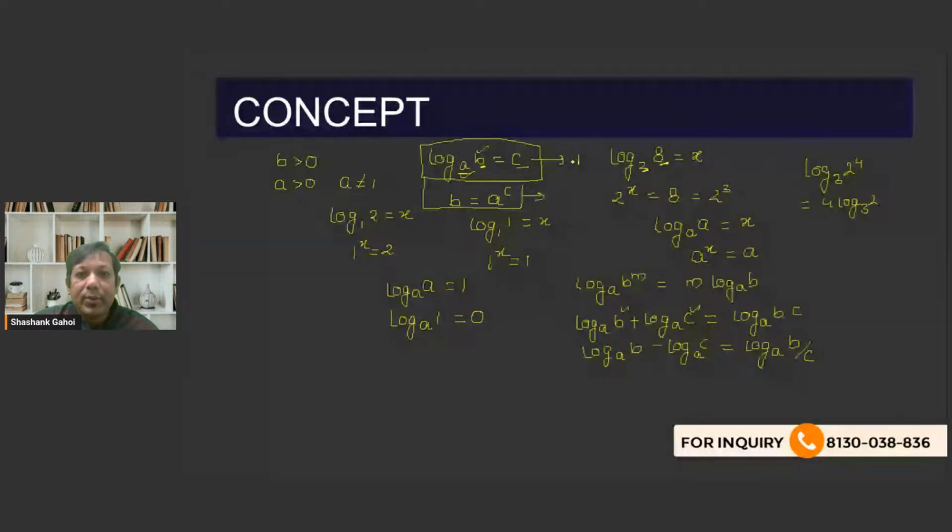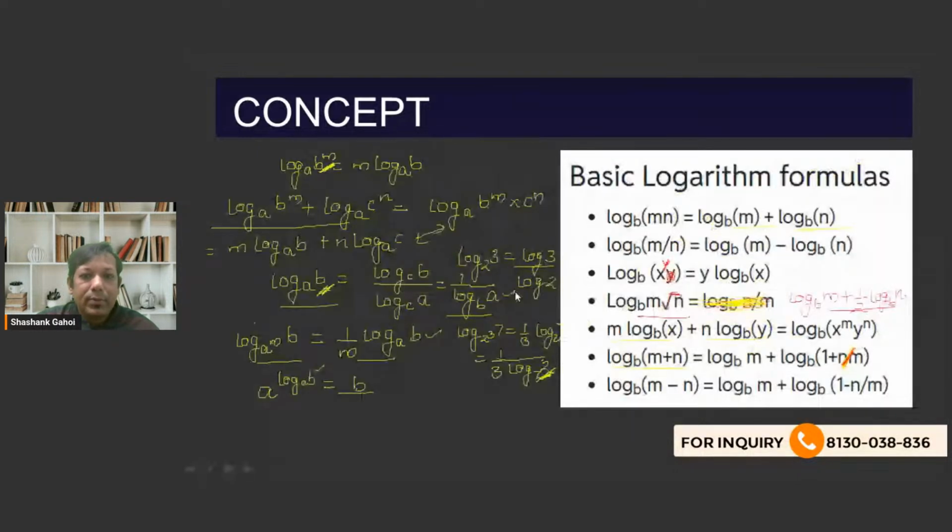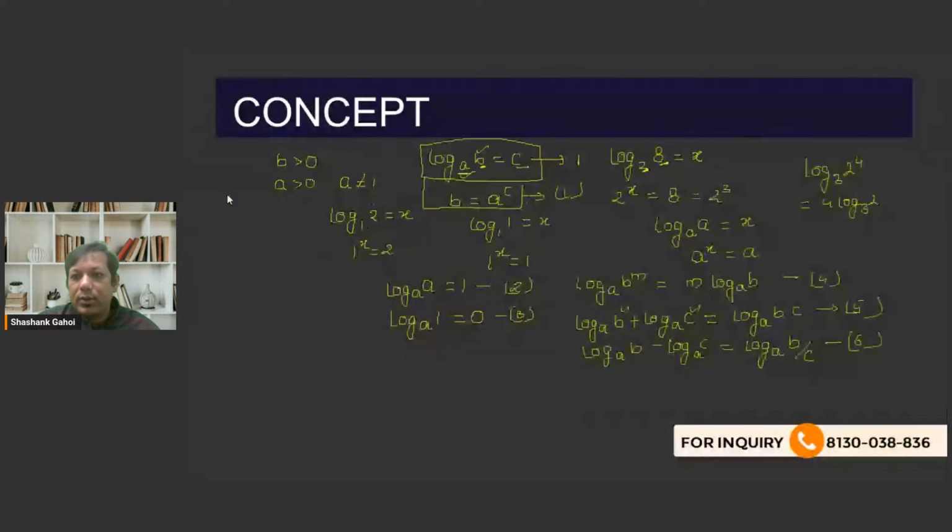So this is my statement 1, this is my statement 2, statement 3, statement 4, statement 5, statement 6. How many statements have we written?